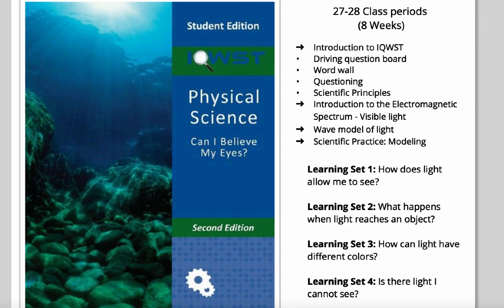But the science concepts that are being used in this unit are basically an introduction to the electromagnetic spectrum and primarily through visible light.